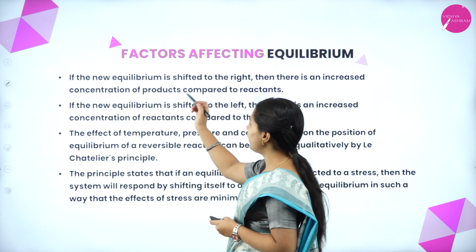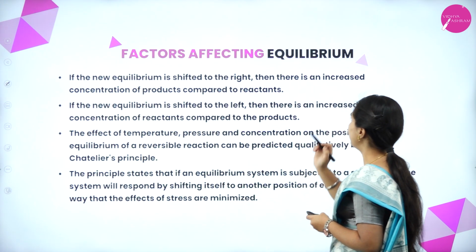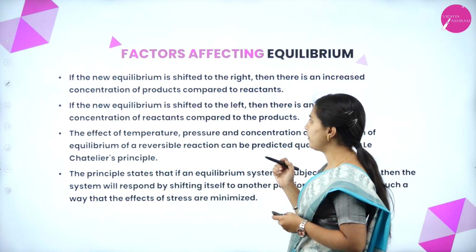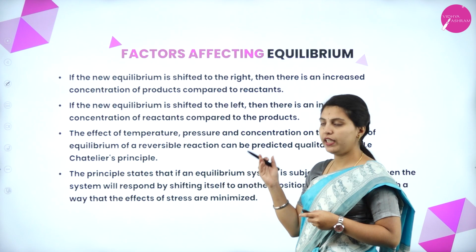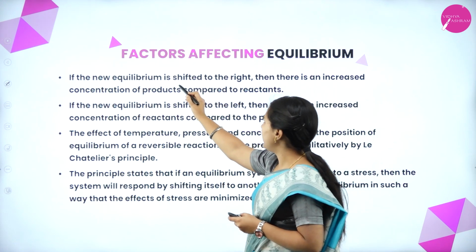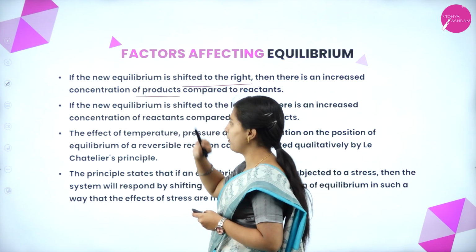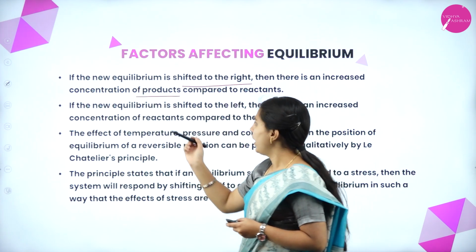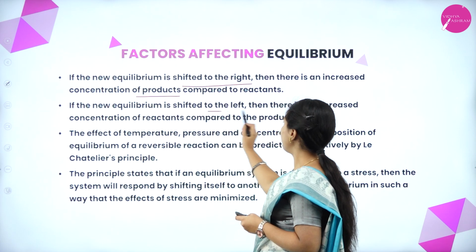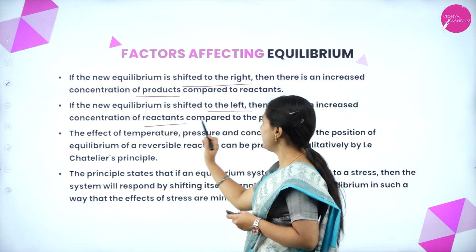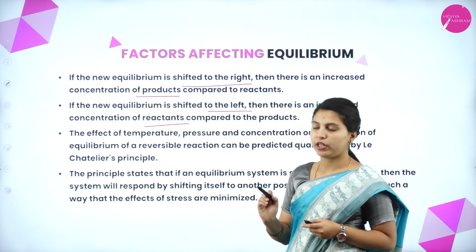Next, if the new equilibrium is shifted to the right, then there is an increased concentration of products compared to reactants. If the new equilibrium is shifted to the right, the concentration of products will be more than reactants. If the new equilibrium is shifted to the left, then there is an increase in concentration of reactants compared to the products.